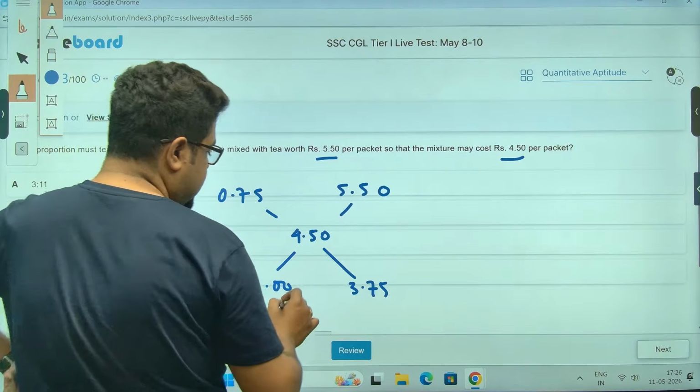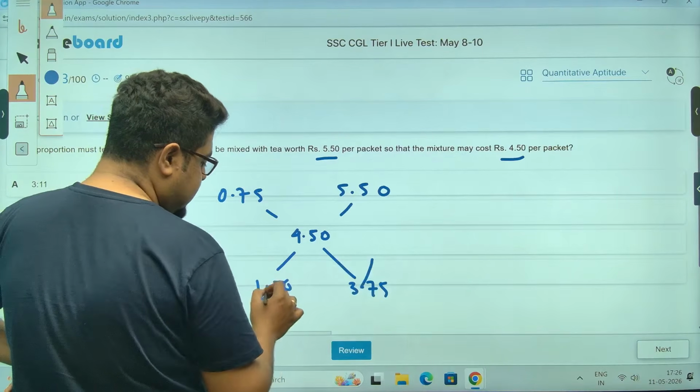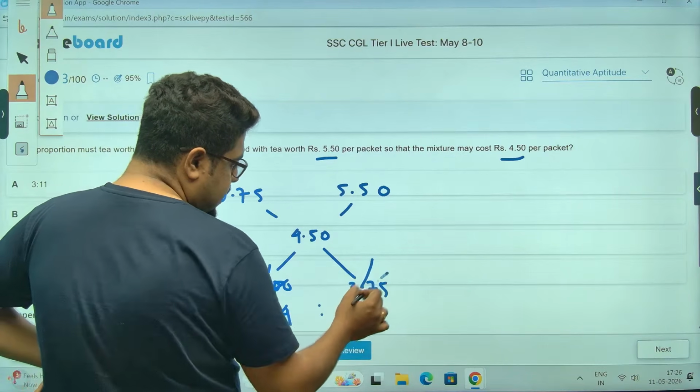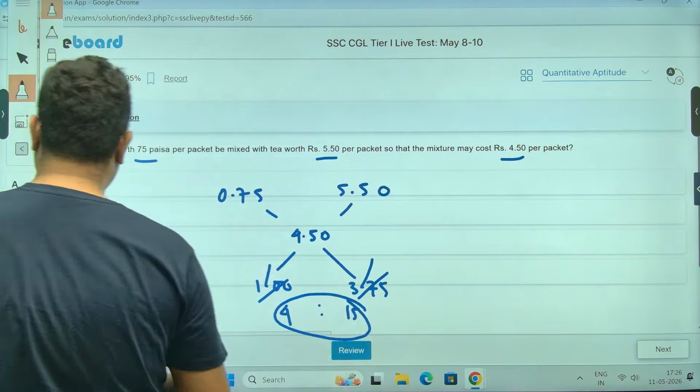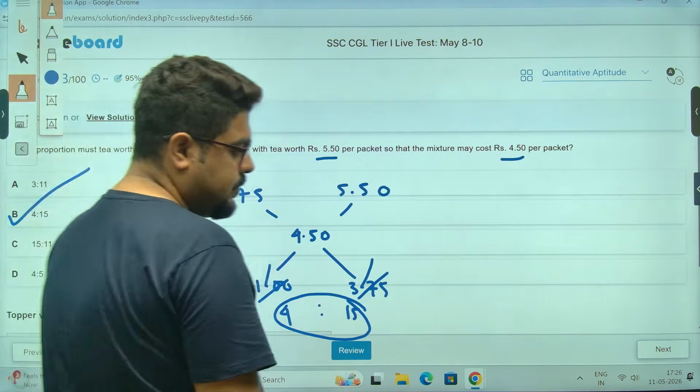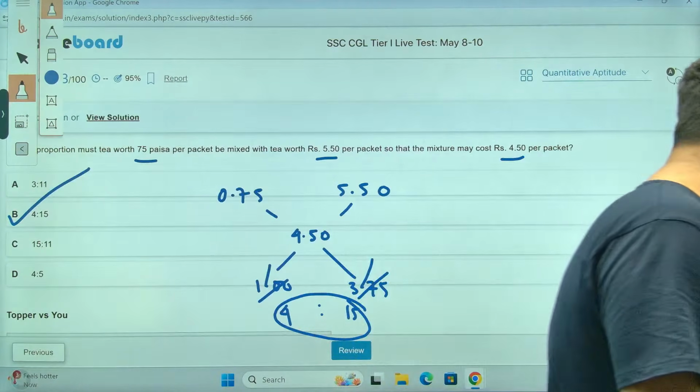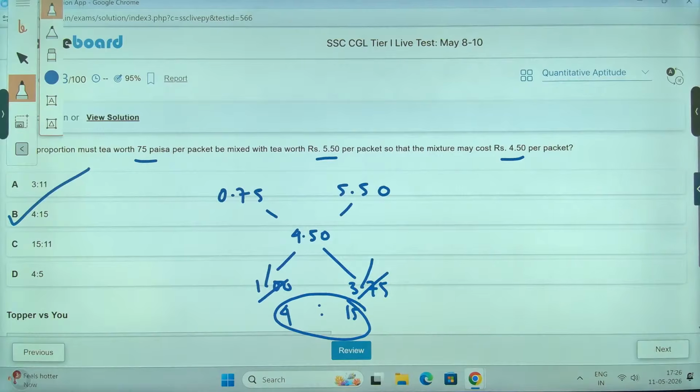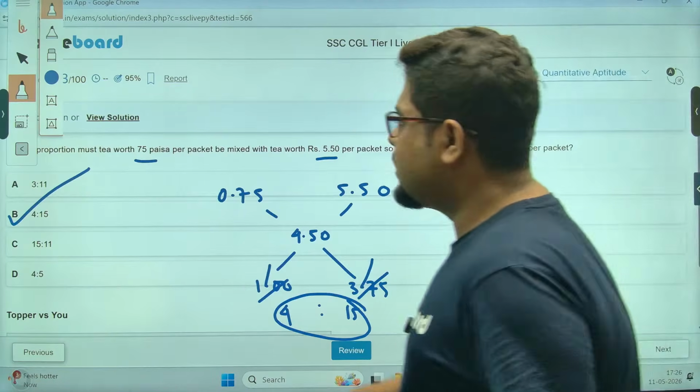So again, getting rid of the decimals, 4 is to 15 is the answer. Option number B must be your correct answer, sir.